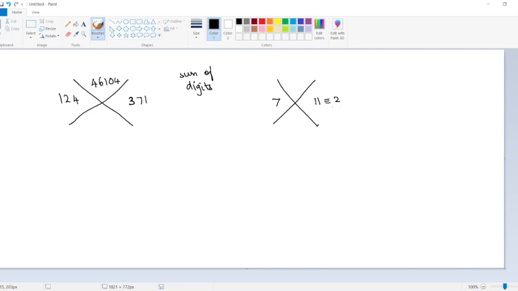Now I will multiply these two: 7 into 2 is 14, which is also equivalent to 5. Now I will find the sum of digits of these 5 digits and see if it is the same. So 4 plus 6 plus 1 plus 0 plus 4, 15. So it is not coming out to be correct.